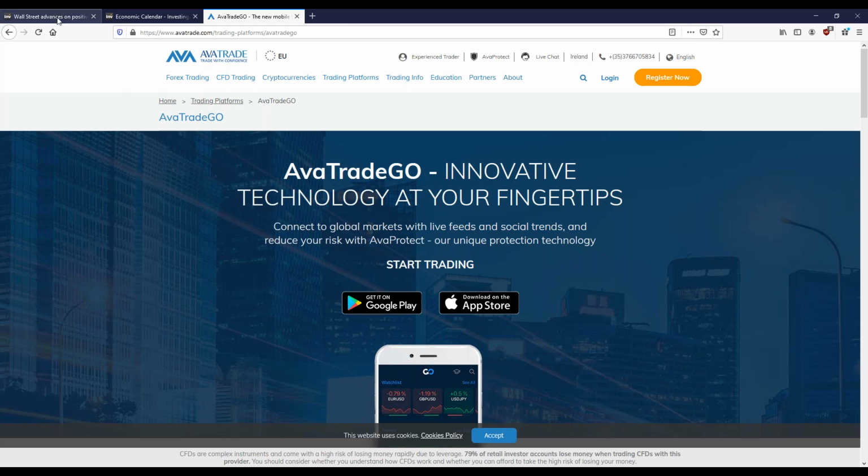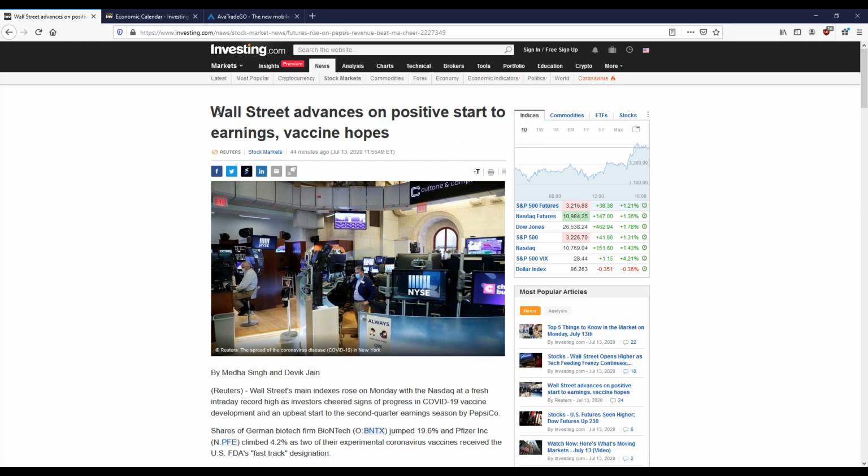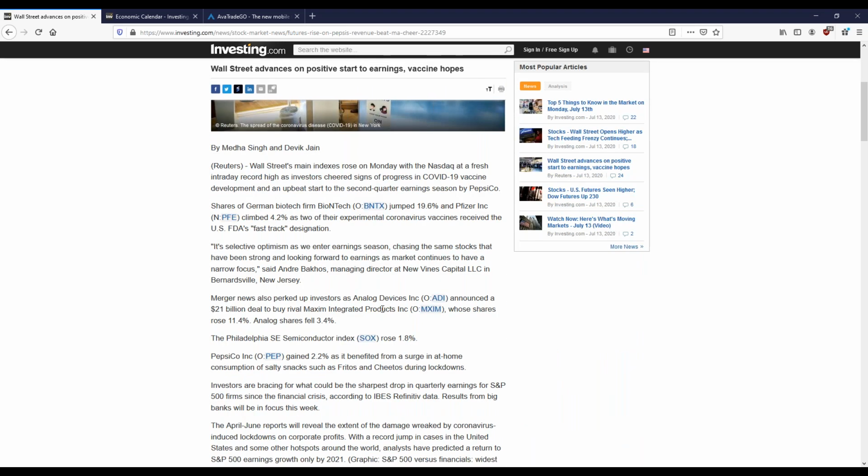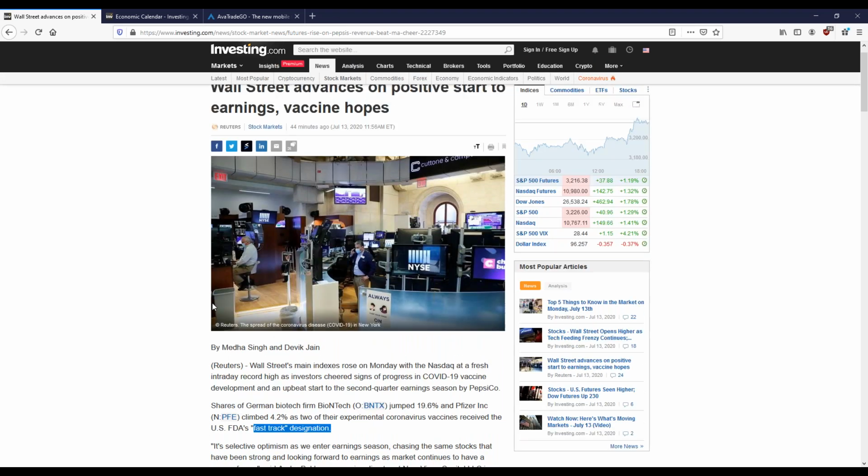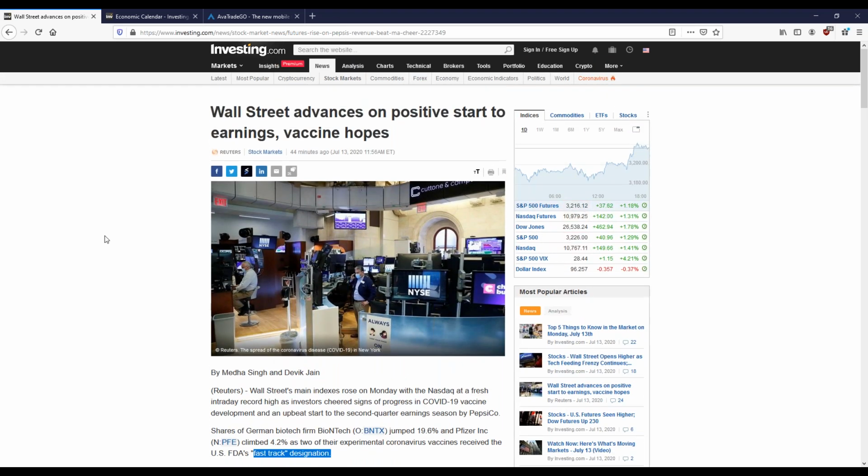And in terms of the fundamentals today, positive start today on Wall Street and around the world. There's positive hopes about the vaccines that are being developed. There's positive reports that came out today about some of the trials being fast-tracked and approved. And it's looking like there's probably going to be a vaccine by the end of the year, and hopefully sooner. So Wall Street likes that, and so do the markets in Europe, and so do the markets in Asia, and all around the world.